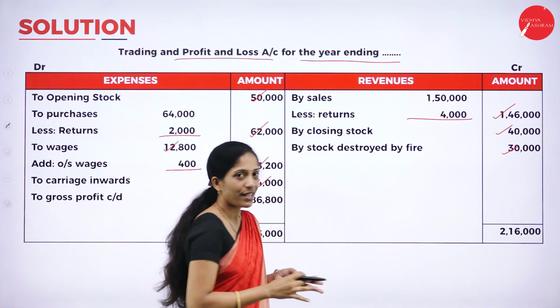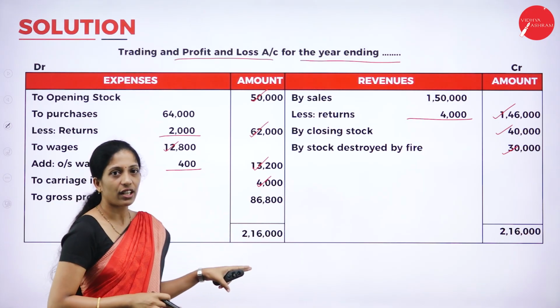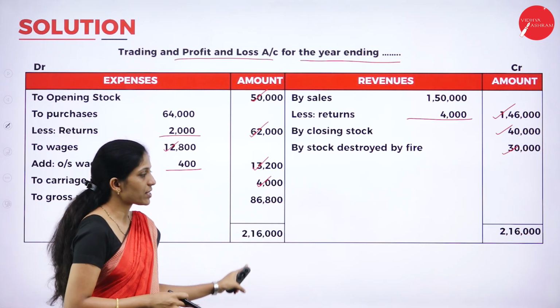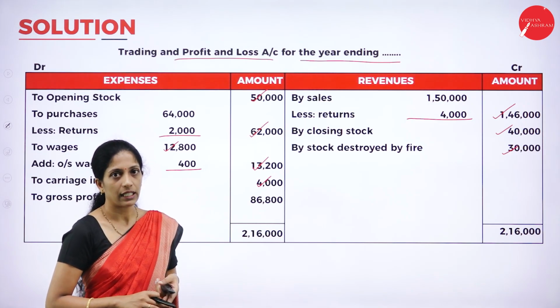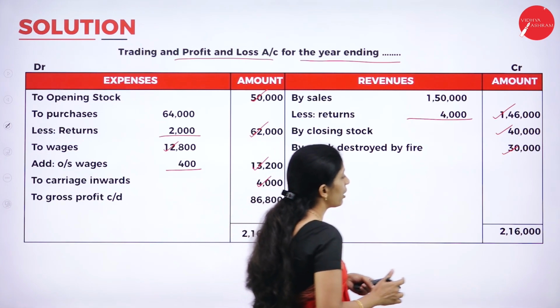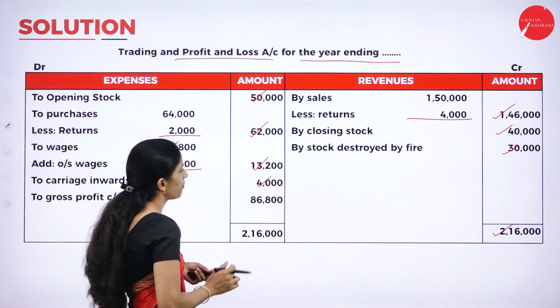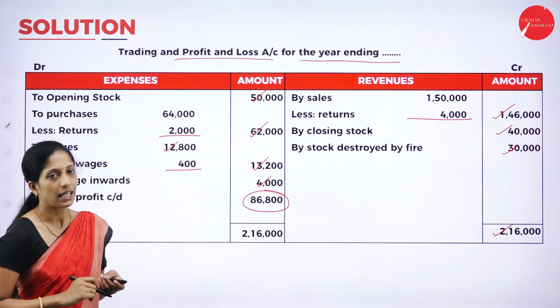Now balance both sides because we are done with the trading account. Remember this is a continuation: the trading and profit and loss account is a single account, but I don't have sufficient space to continue with the profit and loss account, so I'll continue in the next slide. Now balance both sides. If you count the amounts, the credit side is 2,16,000, whereas on the debit side you'll get a balancing figure of 86,800.